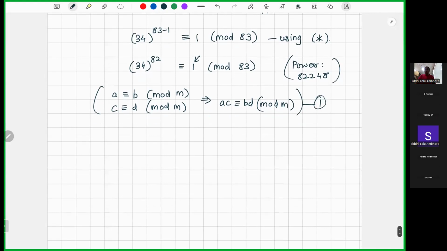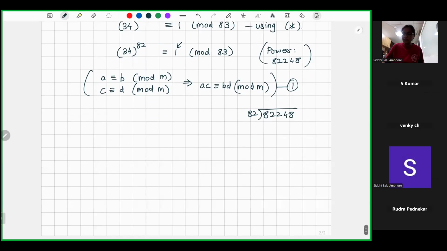So let us try to divide this by 82 and see what we get. Of course 1 will be there, then 0, 0, 2, 4, 2, 0, 4, 0, and 8 threes are 24, so it will be 1003 with 246 remaining... so 2 is remaining.